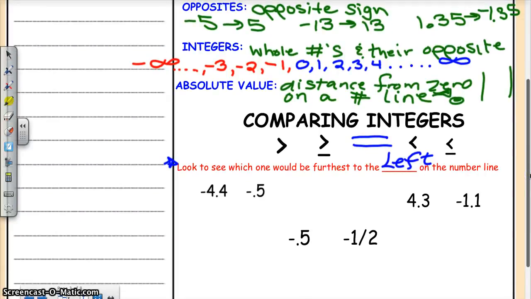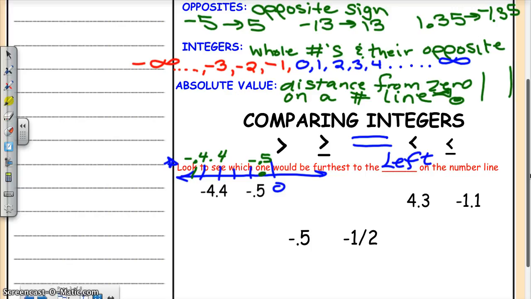So -4.4 and -0.5. I'm asking myself, and some students like to see a visual. If this was 0, 1, 2, 3, 4, the -0.5 would be right here, and -4.4 would be about right here.